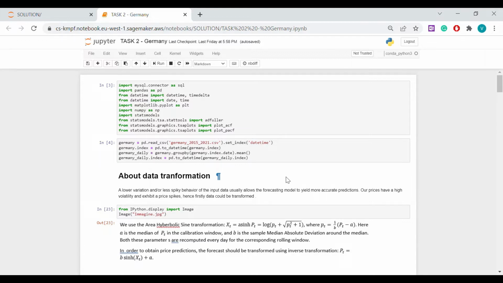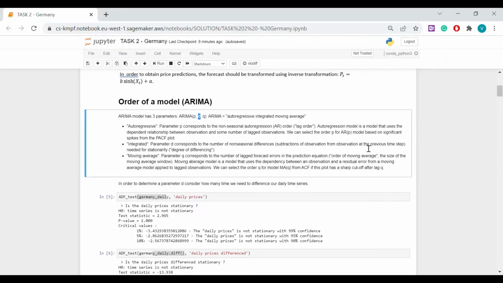And in our case, since the German market allows negative prices, the usual standard logarithmic transformation is not enough, and we could use more complex transformations such as, for example, the area hyperbolic sine transformation. Here, further, I will not use any transformations for the sake of simplicity.